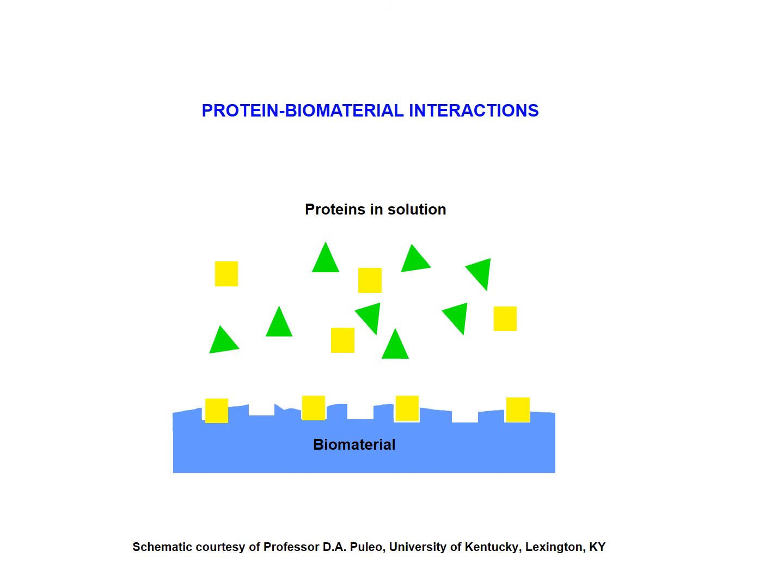This process is illustrated on this slide in a cartoon fashion. You can see the selective proteins indicated by the yellow squares are the ones which are adsorbed on the surface of the biomaterial. Why is this particular step important?